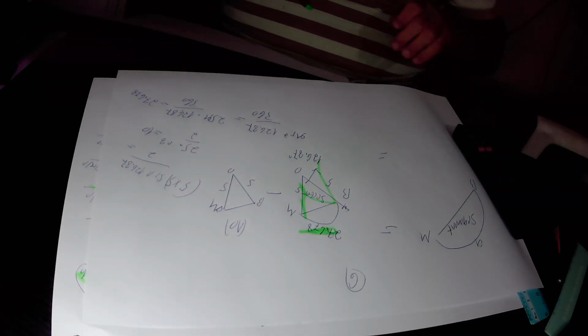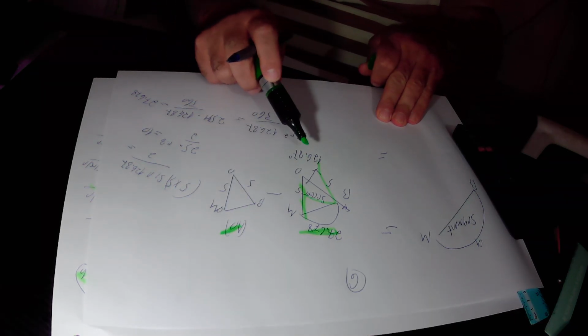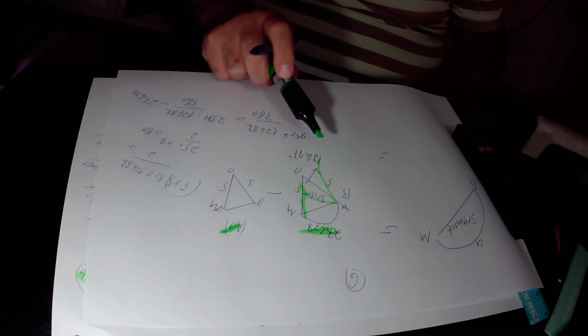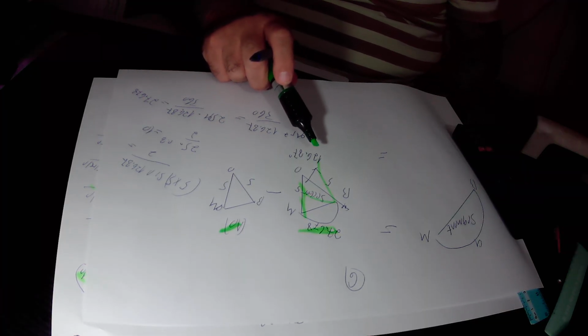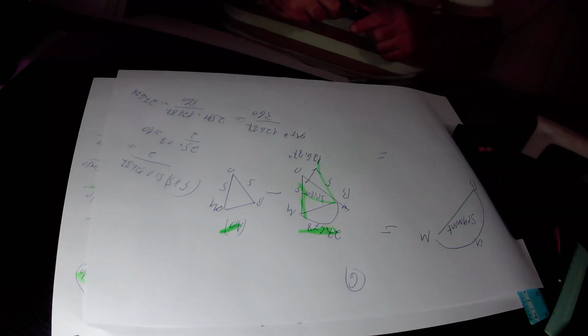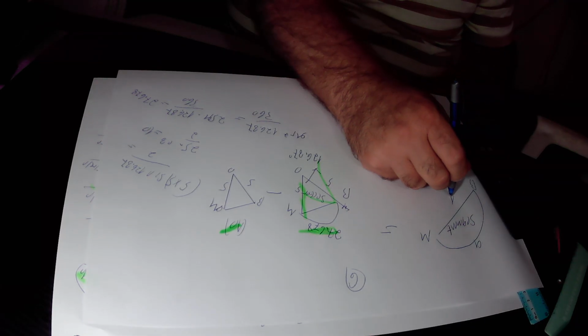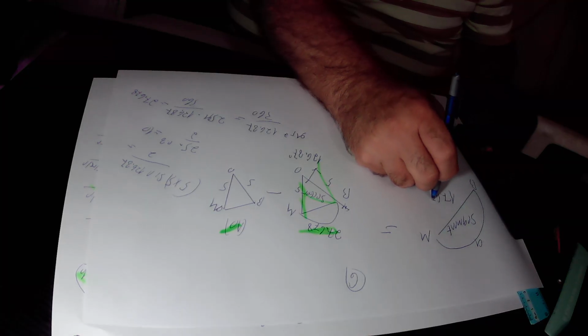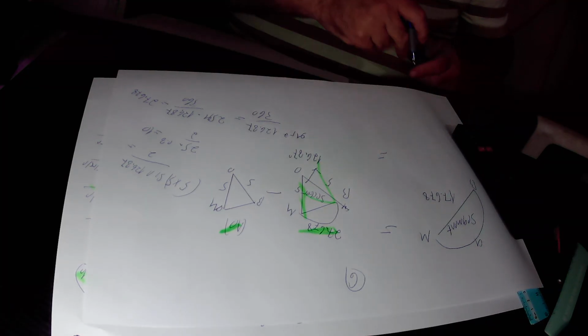And the area of the segment BUM is 27.678 minus 10. 27.678 minus 10 is 17.678 square units in its size.